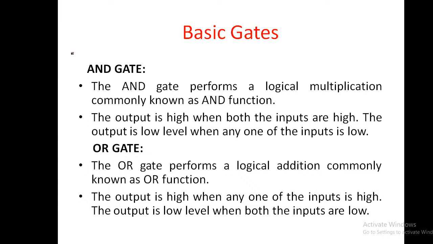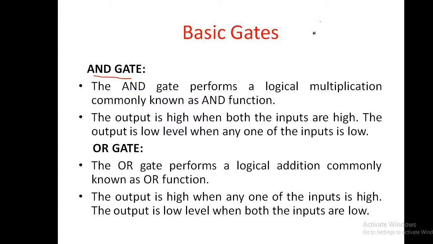The basic truth table shows you, for the AND gate, if you see a 2 input AND gate, you have A and B, and the logical multiplication of these two gives you the output of the AND gate.